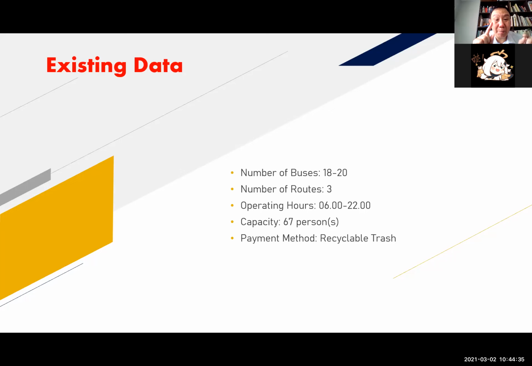That means how many passengers in one day? Your working hour is from 6 to 6, so that is 12, no wait, 6 to 10, so 16 hours. Okay, 16 hours.